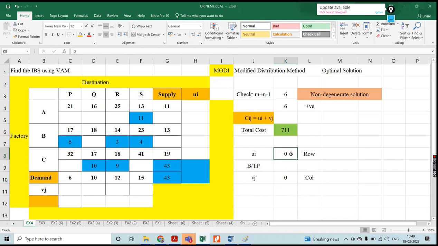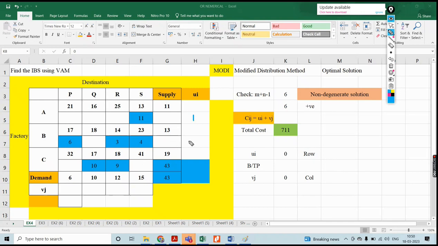Which value you have to make 0? That is important. In this allocation, how many are there? 6 allocations are there. Among those 6 allocations, for the particular row or column, you have to identify how many allocations have been done. In the first row, how many allocations are done? 1.